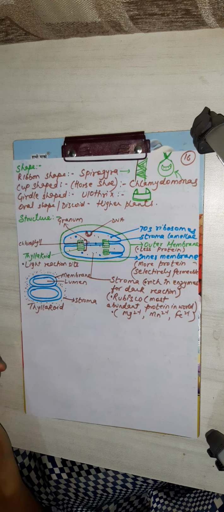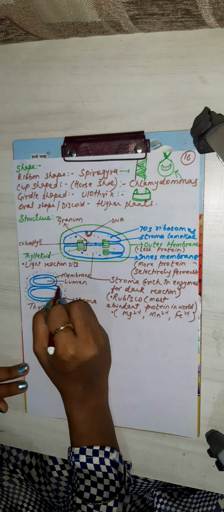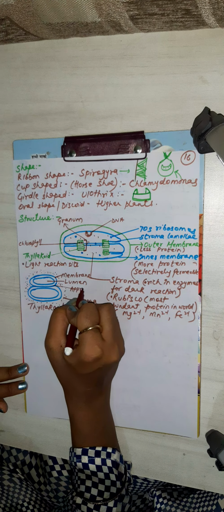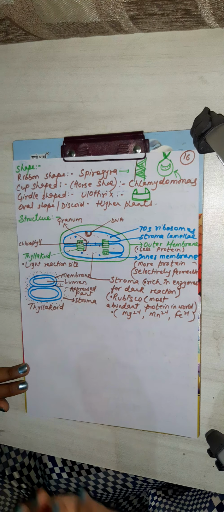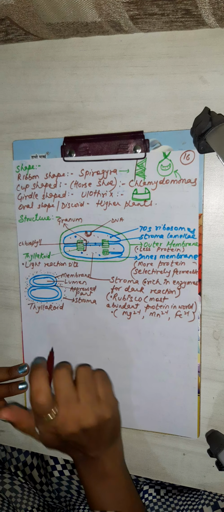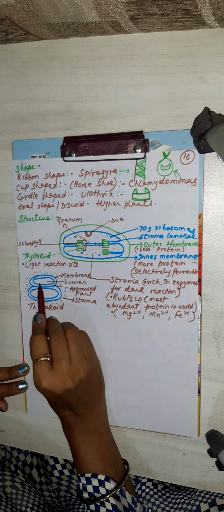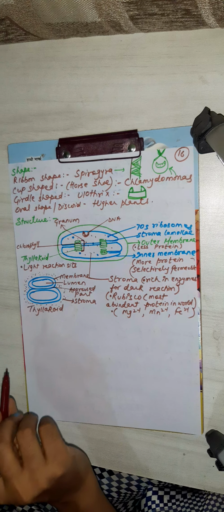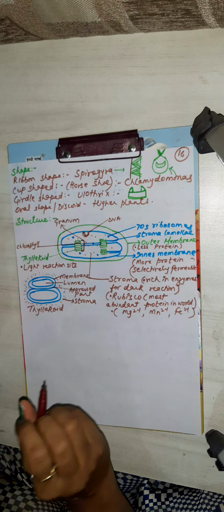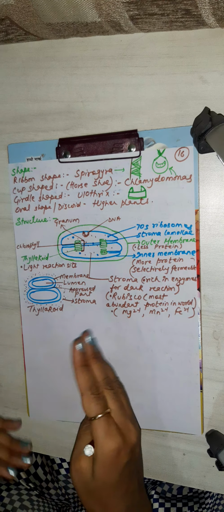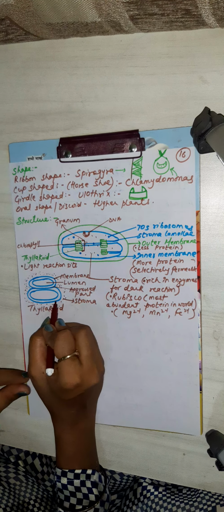This is appressed part. अप्रेस्ड पार्ट क्या होता है? वो मेम्ब्रेन, थाइलाकॉइड का मेम्ब्रेन जो दोनों थाइलाकॉइड में कॉमन हो. मतलब थाइलाकॉइड का वो मेम्ब्रेन जो दोनों थाइलाकॉइड में कॉमन हो. Okay, and this is non-appressed part.